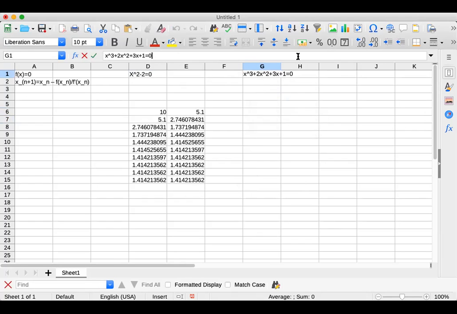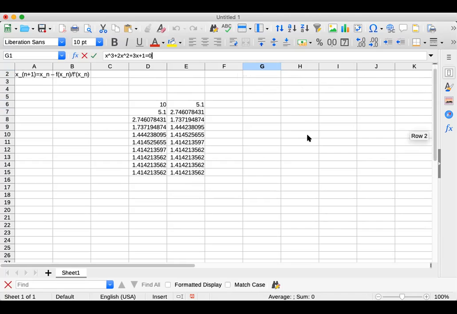Well, if you plug in a 0 in it, we get that f of 0 is 1. If you plug a negative 1 in it, we're going to get that minus 1 plus 2 minus 3 plus 1 equals negative 1. So this equation definitely has a solution between minus 1 and 0, because it is negative at one endpoint and is positive at the other endpoint.